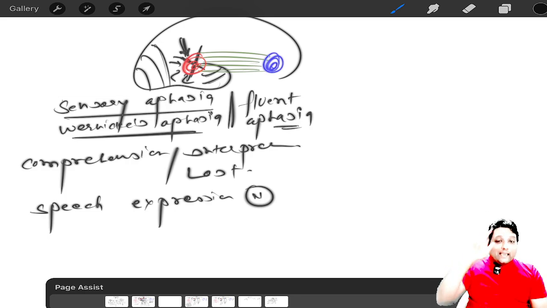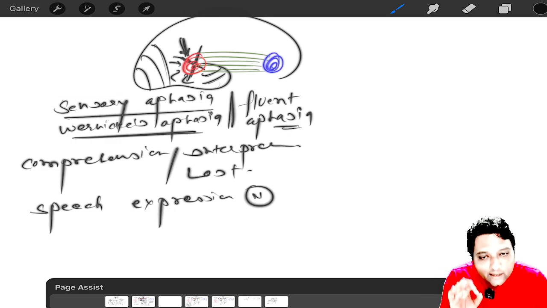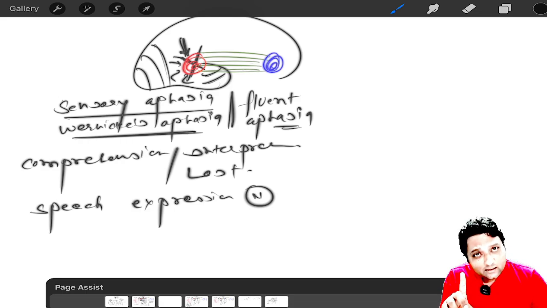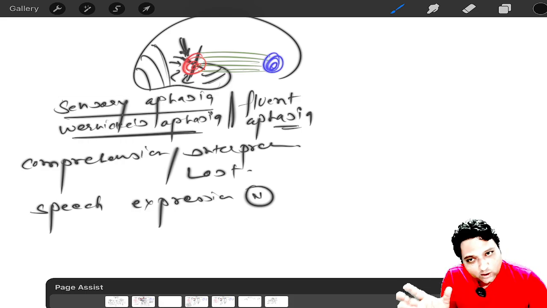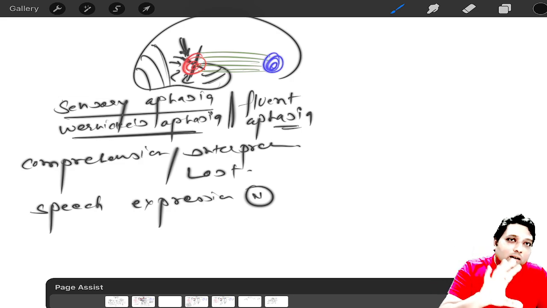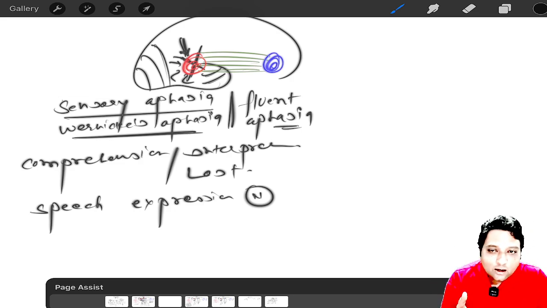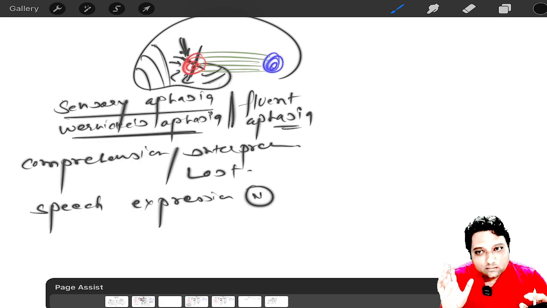Okay. First of all, what is aphasia? Aphasia means difficulty in speech, written or spoken speech, or difficulty in expressing, or both. There are three types of aphasia: sensory aphasia, motor aphasia, and global aphasia. What is sensory aphasia? In sensory aphasia, the lesion is in Wernicke's area, the area of comprehension.